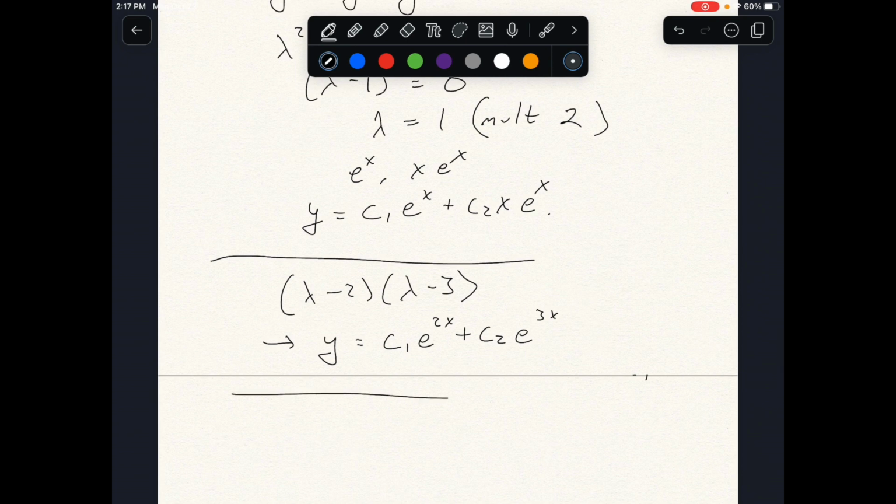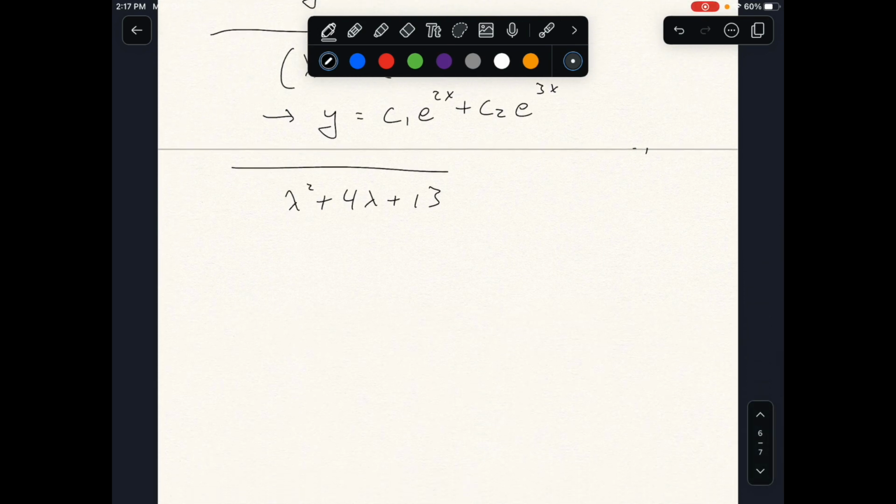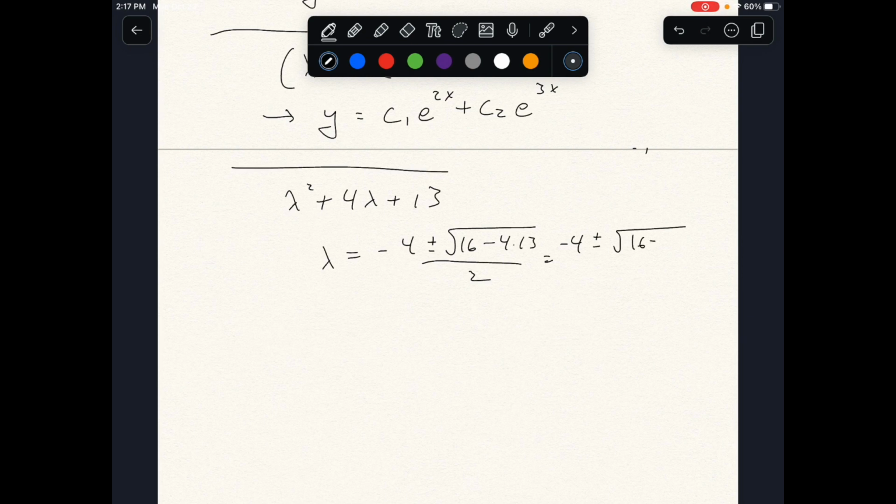And then maybe it doesn't factor, maybe you have lambda squared plus 4 lambda plus 13. If you can't factor that, then you'll have to go to the quadratic equation. So you get lambda equals negative b plus or minus the square root of b squared minus 4ac all over 2a. So it's negative 4 plus or minus the square root of 16 minus 52, over 2, so that's negative 36.